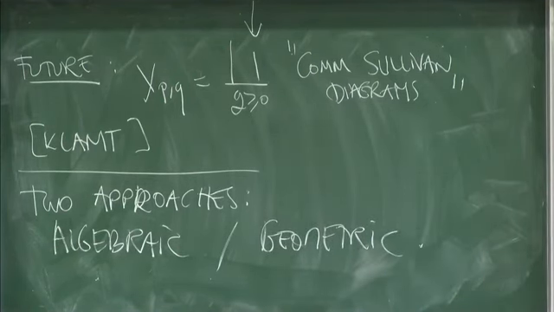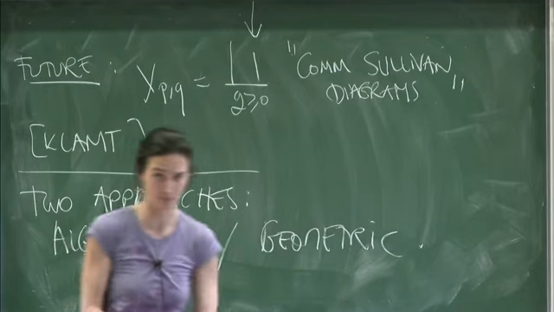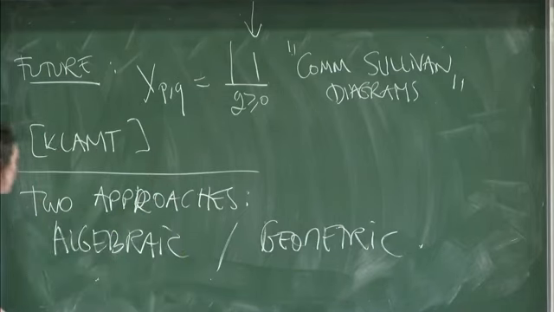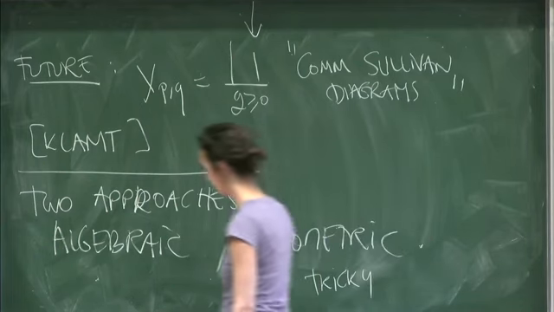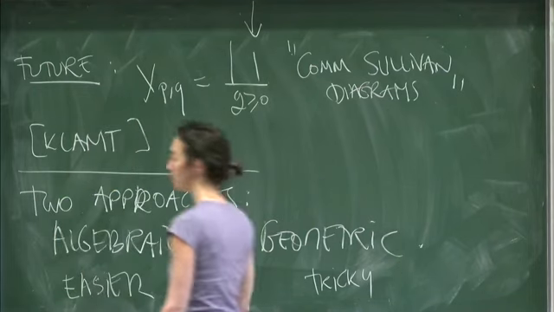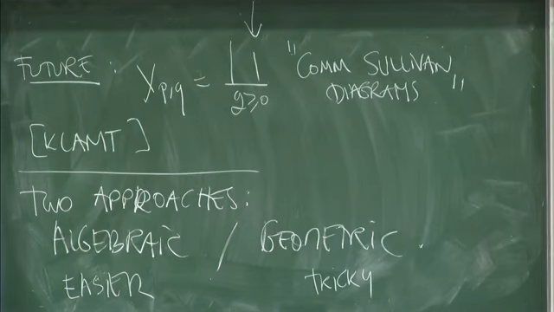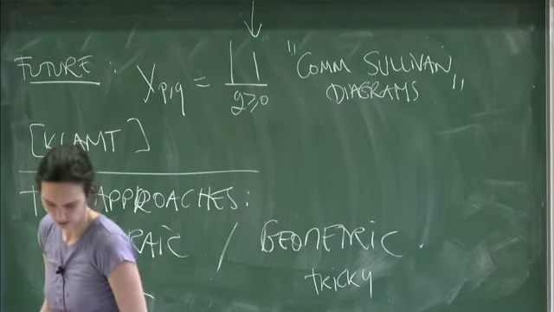It is the original approach of Chas and Sullivan, which is to say you have a chain of loops and you have another chain of loops, you intersect them, you concatenate them, you actually do things with loops. It's tricky. The algebraic one is easier, so I'll start with the algebraic one, and then I'll come back to a geometric approach at the end.